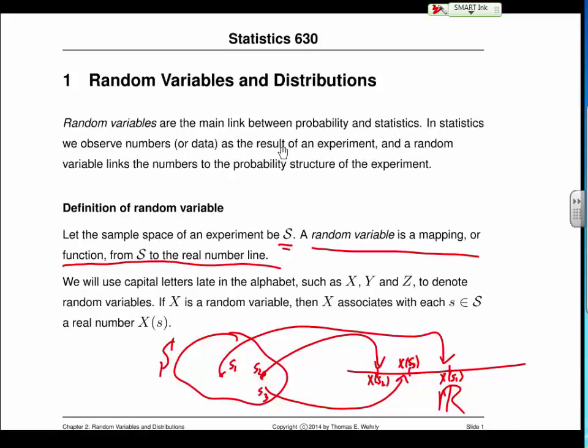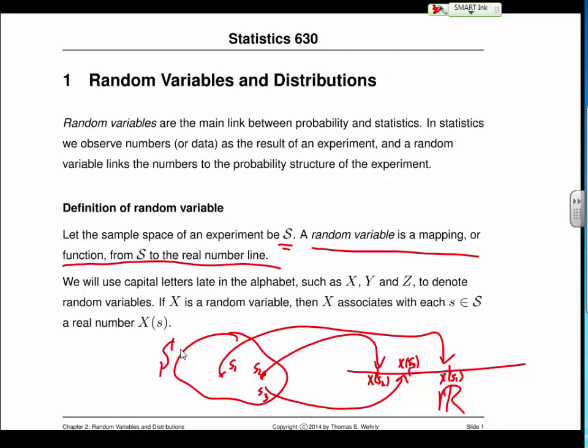So we have this experiment, which results in some kind of outcome, and then the random variable just gives us a number for each of those outcomes. Now, the probability structure is associated with this sample space S. So which outcome occurs, S1, S2, S3, etc., is random.